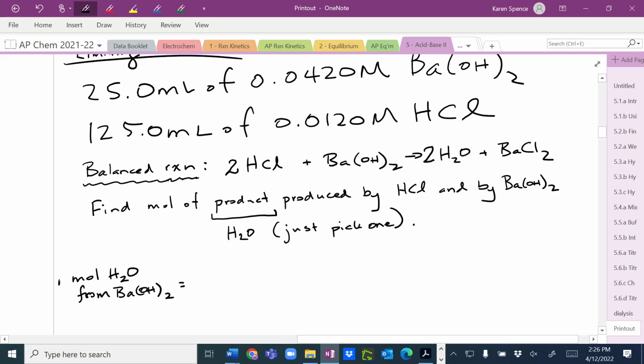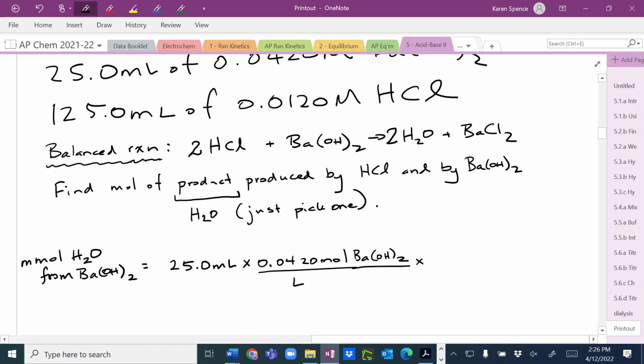Yeah, okay, millimoles. 25.0 milliliters times 0.0420 moles per liter, and that's moles of Ba(OH)2 per liter, times 2 moles of water per 1 mole of Ba(OH)2.